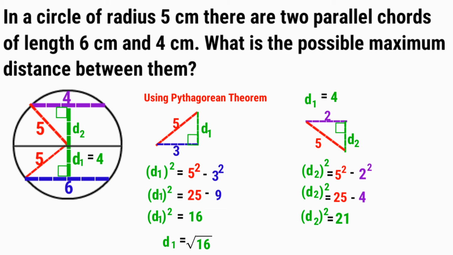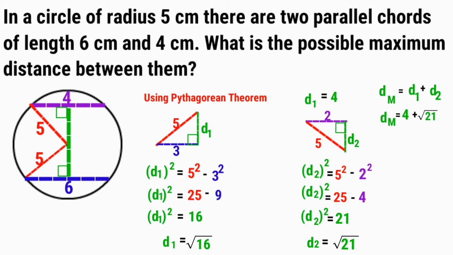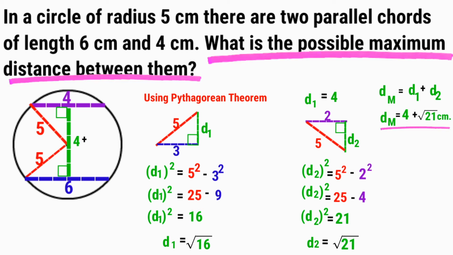To get d2, we will square root 21. So d2 is equal to square root of 21. dm is equal to d1 plus d2. Substitute, dm is equal to 4 plus square root of 21. So the possible maximum distance between them is 4 plus square root of 21 centimeters.